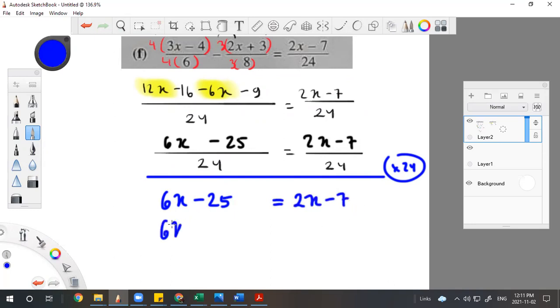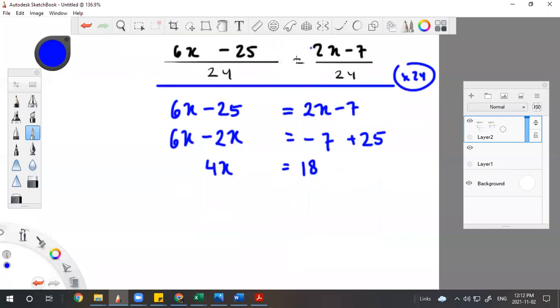So put the 2x on the left side and then the 25 on the right side. So 4x will equal 18. Get it? And then after you get 4x equals 18, x equals 18 divided by 4. Or you can simplify further, and you will get 9 over 2 or 4.5.